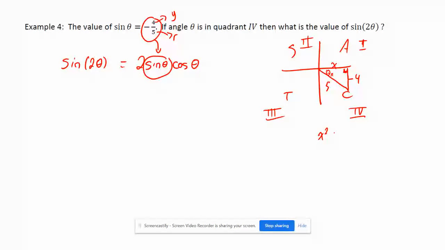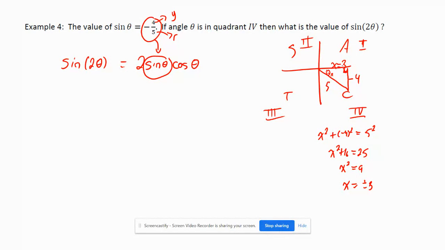So x squared plus negative 4 squared equals 5 squared. Subtract 16 and square root. In this case, x is going to be a positive 3 because I'm in quadrant 4, so x is going to the right, so it's going to be positive 3.